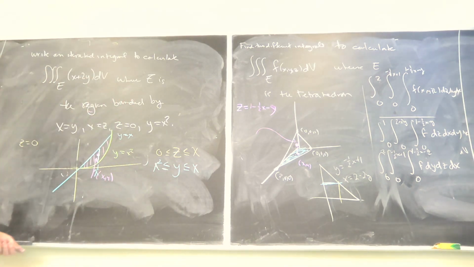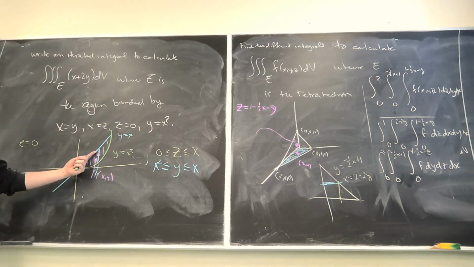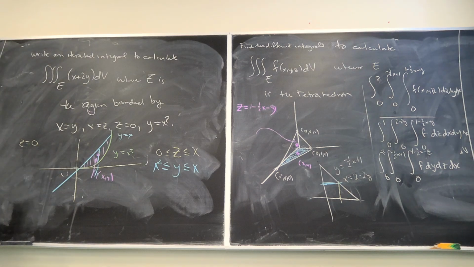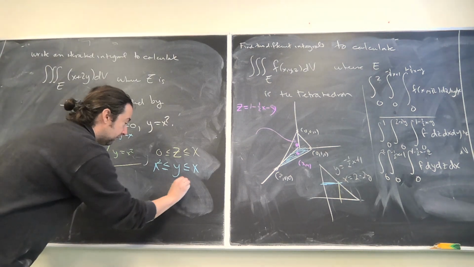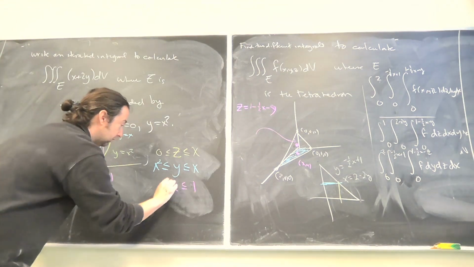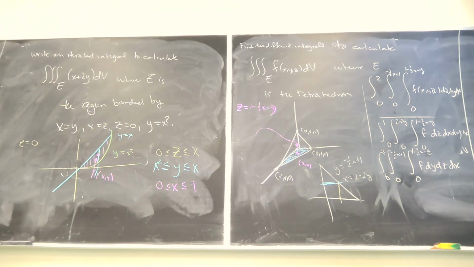Being very careful to make sure we go from bottom to top. And then where do the x values live? The x values go from 0 to 1.